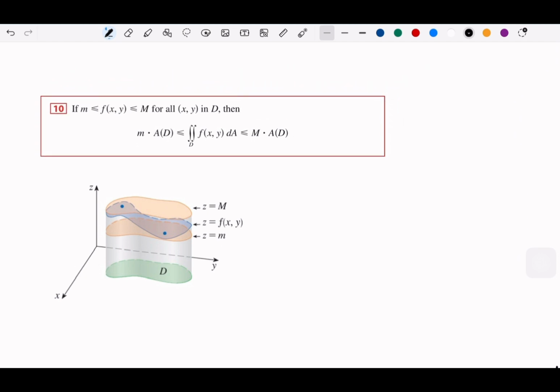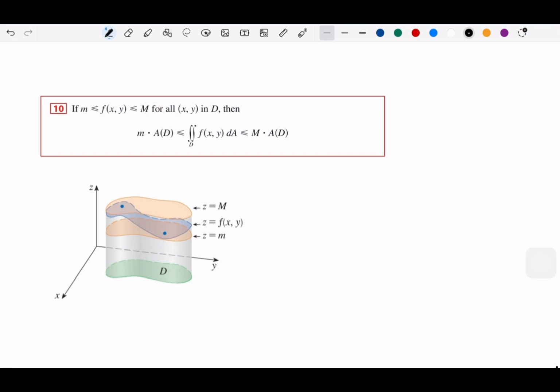We have the small m and the capital M, and our surface is in between these two. This blue surface is our function, and the function is between small m and capital M. Using the double integral, when the function is between those, we can take the double integral, and this value will be between m times the area of D and capital M times the area of D.